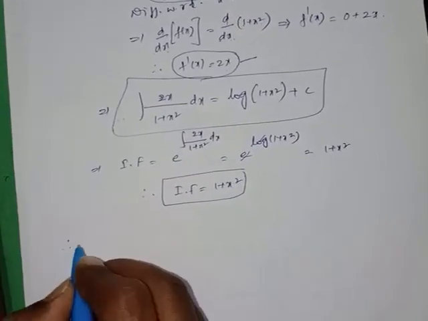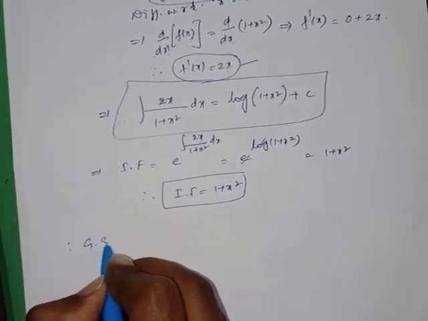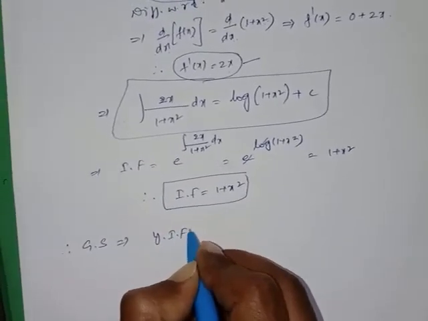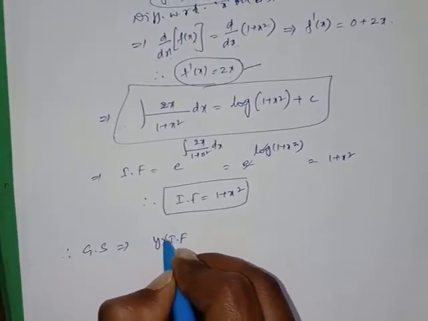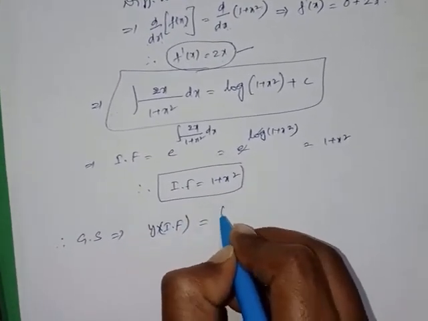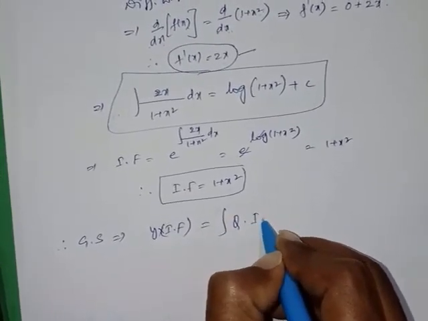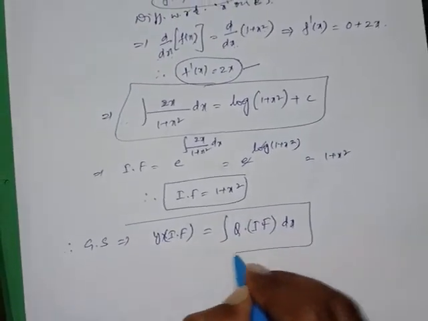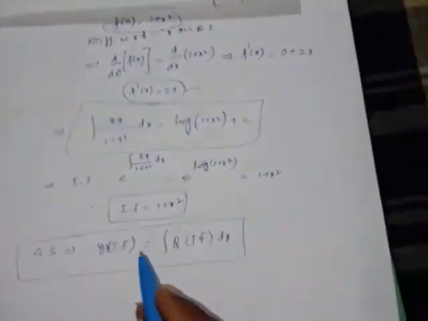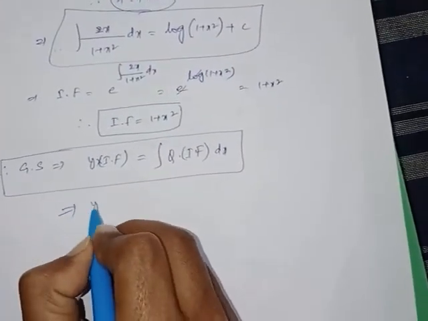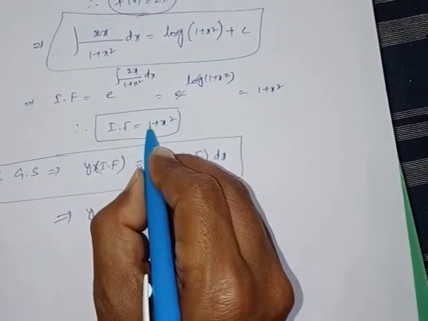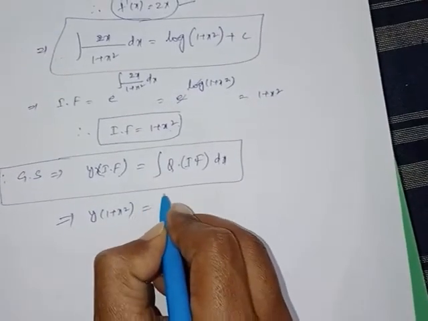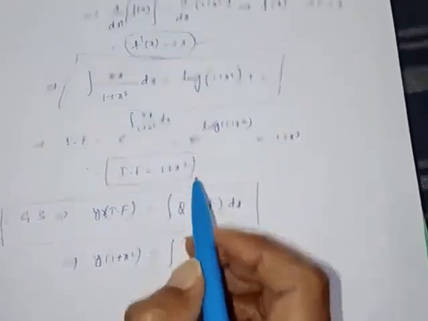Now the general solution is y times the integrating factor equals the integral of Q times the integrating factor dx. This is the general solution of the given question: y(1 + x²) = integral of Q. What is the Q value here?